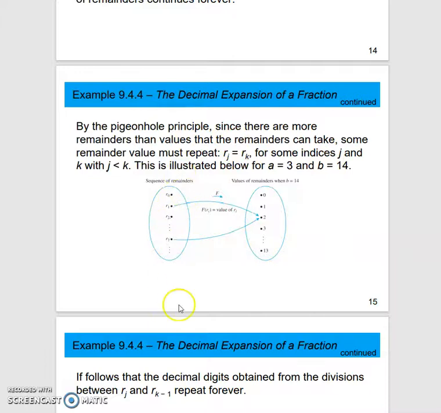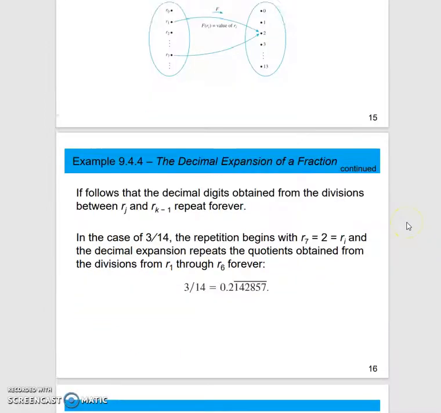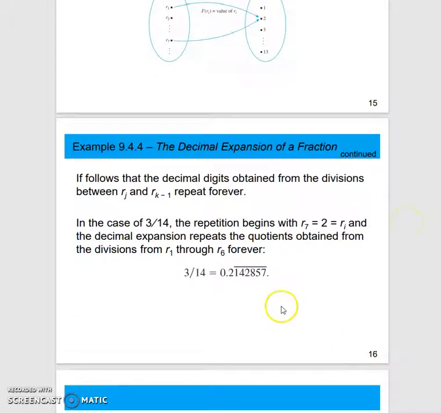Well, if this sequence of remainders repeats, in other words, it keeps going, I will have, again, at least 2 of them that are going to go to that same value. So again, here as we can see, 1, 4, 2, 8, 5, and 7, those repeat forever. So again, we are going to have infinite 1s, infinite 2s, infinite 4s, and so on.